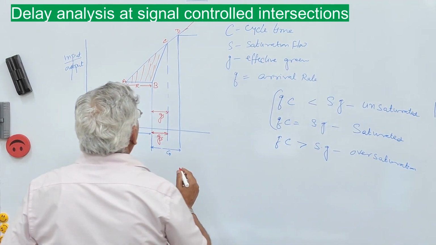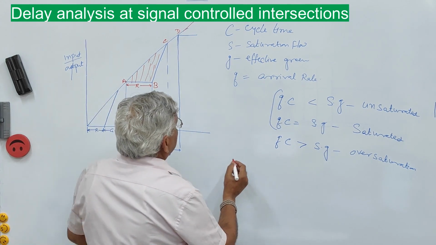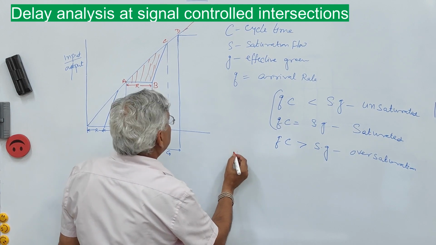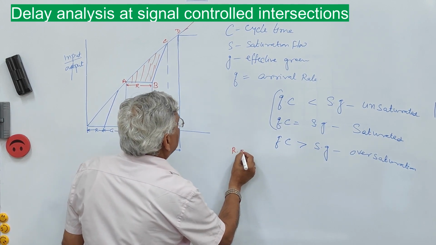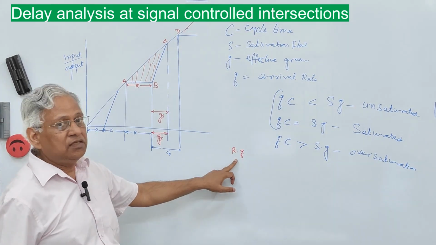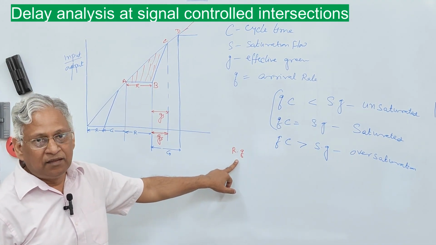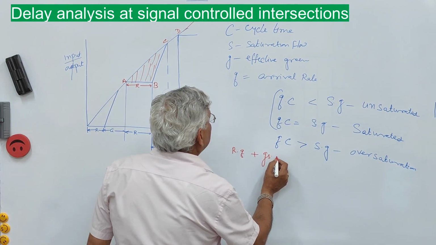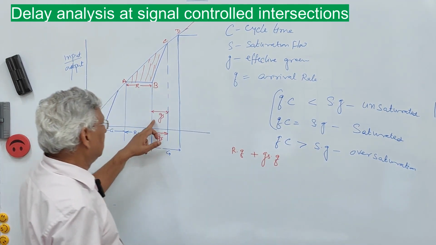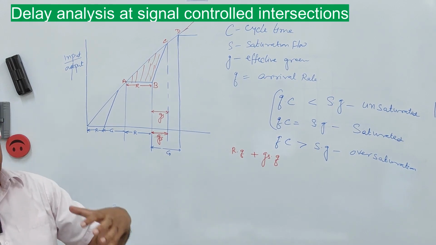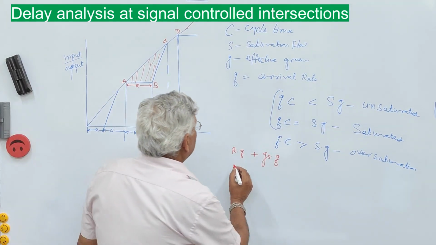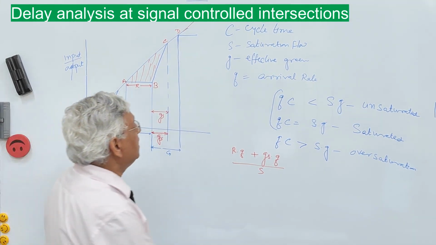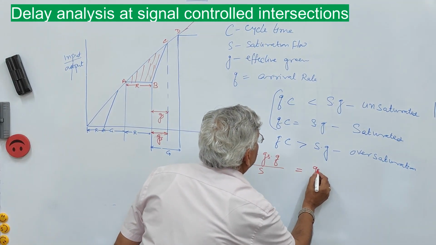Now, you can calculate that the vehicles which are coming during the red period, R into Q, all vehicles which are coming during the red period in the approach, plus vehicles which are arriving during this saturated green period, will also join the queue. And the rate of discharge at the stop line makes GS.